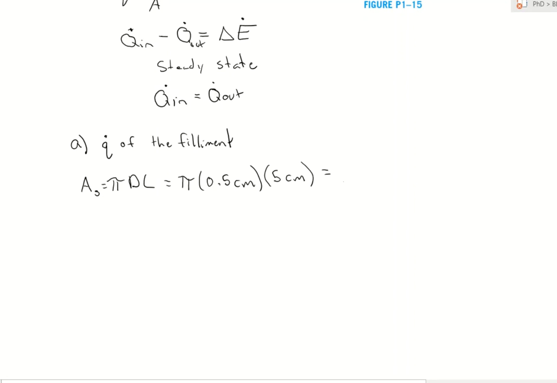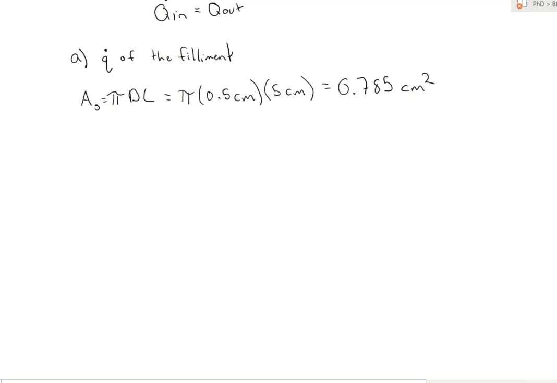This is equal to 0.785 centimeters squared. Okay, and now once we know the area, we can find the heat flux.